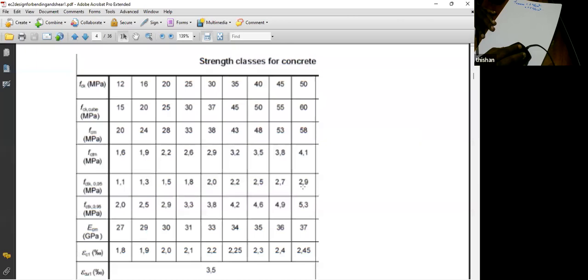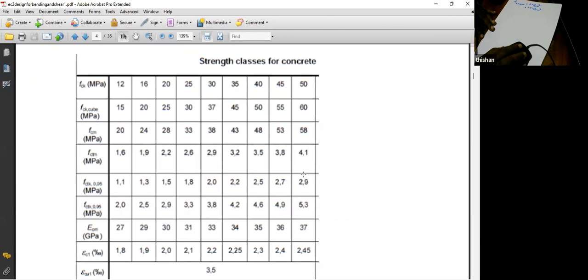So generally it's okay to say we maintain a tensile stress around 2.5 newtons per millimeter squared or 2.5 megapascal as general information, not specific information.